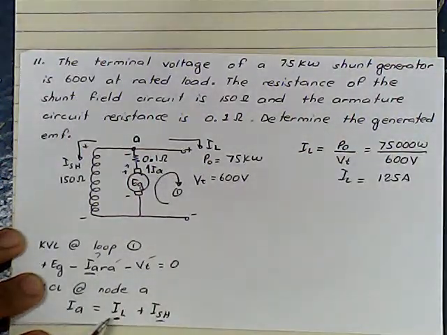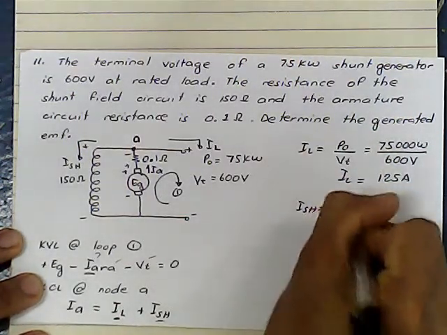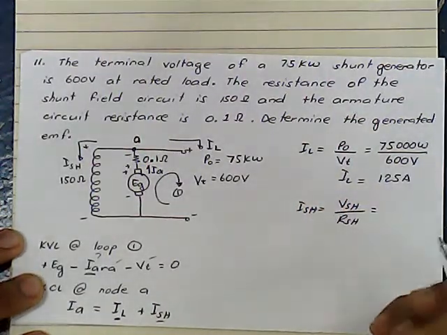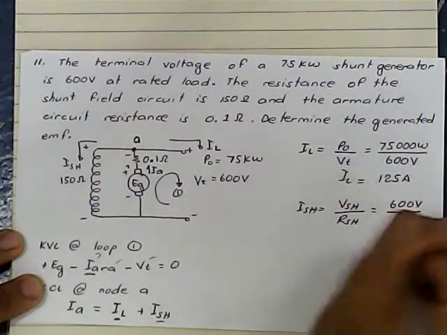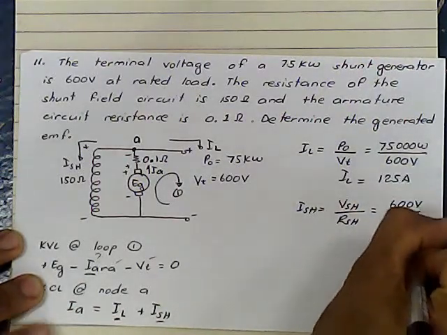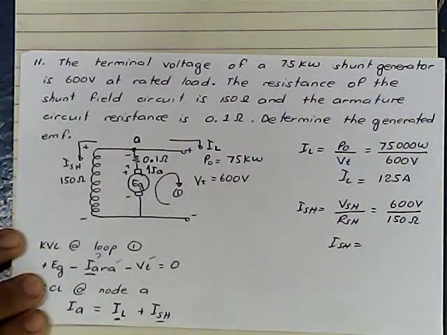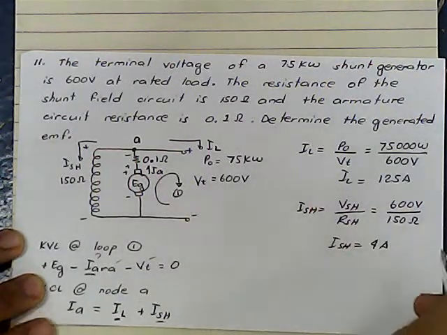So, solve na tayo dito. Ngayon naman, kunin natin itong ISH. Again, ISH is equal to VSH all over RSH. So, dito, we have 600 volts divided by 150 ohms. Therefore, ISH is equal to 4 amperes.